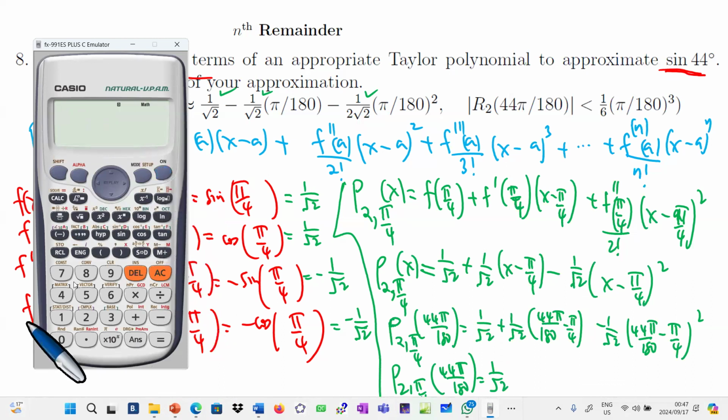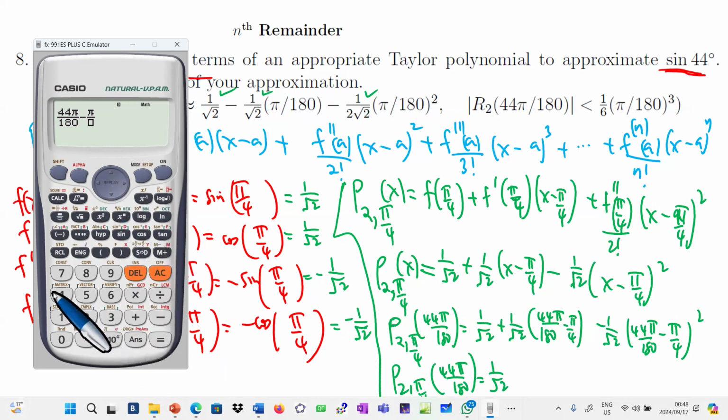So you're going to have, for instance, 44 out of 180 pi minus pi over 4.